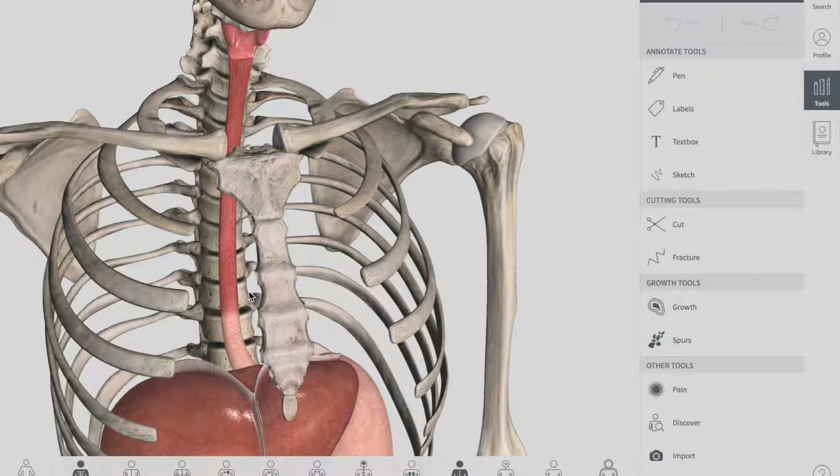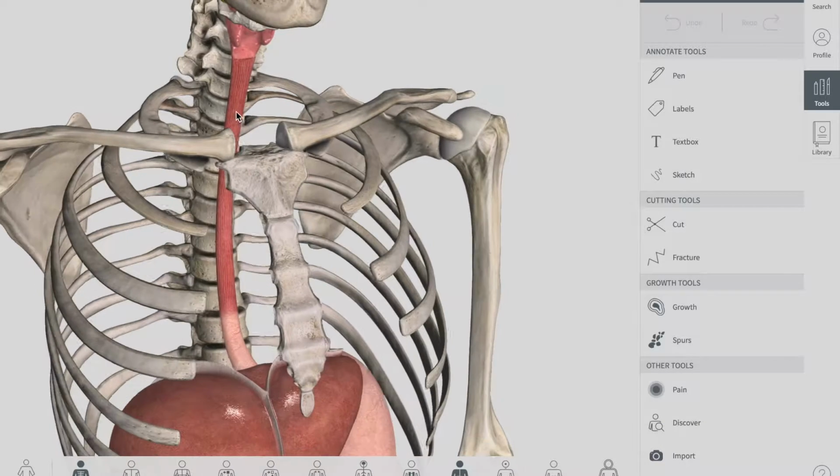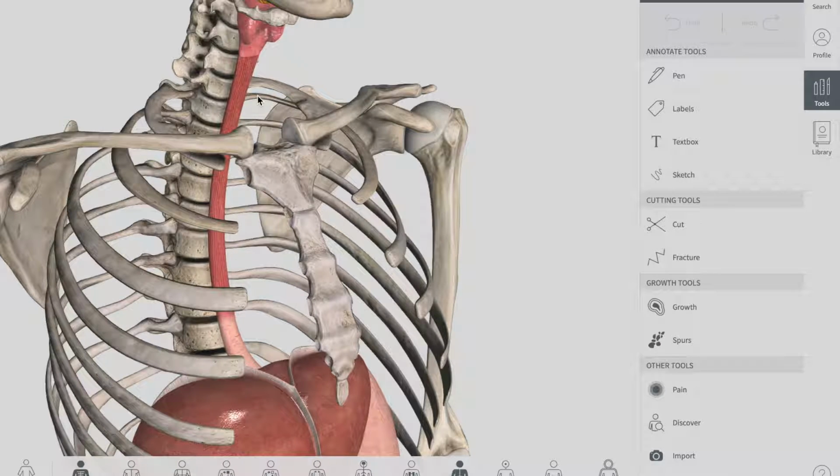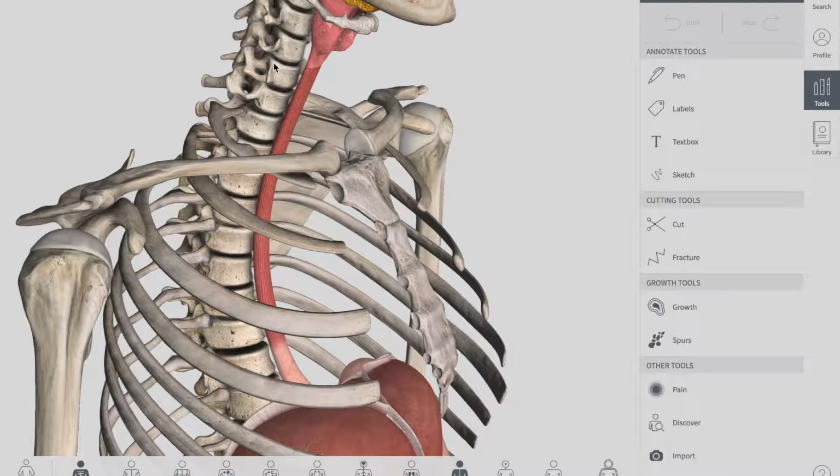So again, we have the upper esophageal sphincter and the lower esophageal sphincter. If you're talking about the upper esophageal sphincter, it is an anatomical striated muscle sphincter, which is at the junction between your pharynx and esophagus.